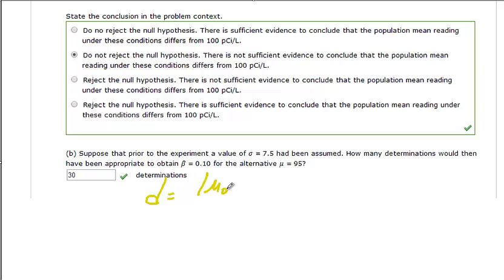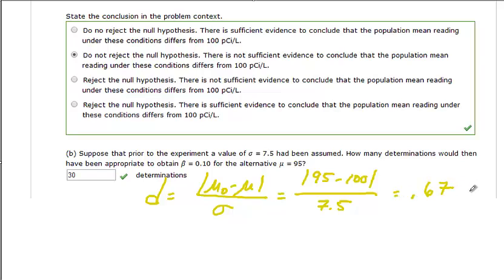I'm looking for the difference here, mu over the standard deviation. So you're just looking at the difference in these two. And for mine, it was 95 minus 100. Take the absolute value of that because I'm just looking for the difference. And then that equals 0.67.